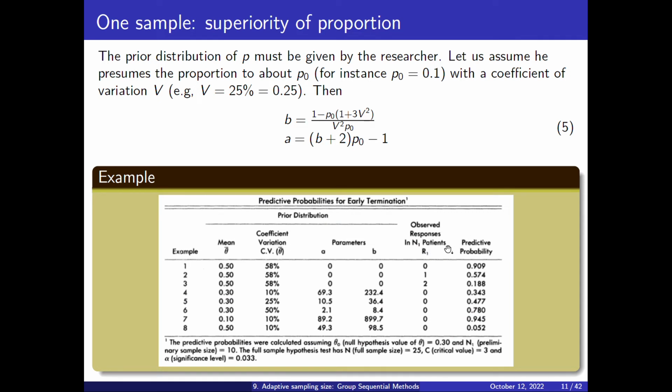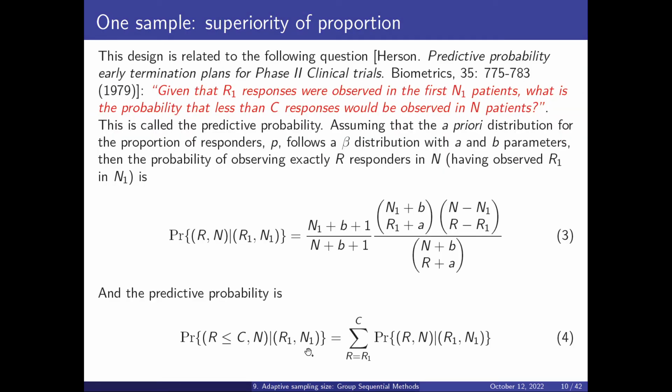Let's say that in N1 patients, N1 was 10, we have observed R1 responders. What is the probability that we observe at least 3 in a full sample size of 25? And then we have here these predictive probabilities that are these ones here.